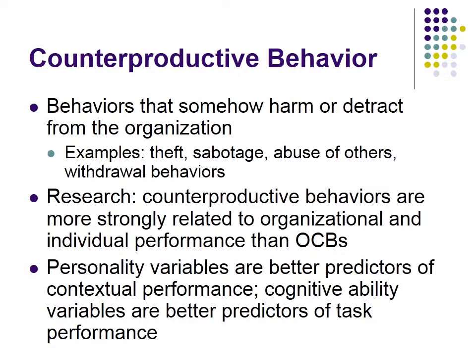The flip side of organizational citizenship behavior, the other type of contextual behavior we're worried about, is counterproductive behavior. Both organizational citizenship behaviors and counterproductive behaviors can be occurring at the same time someone is doing the tasks of their job fine. So someone could be completing the tasks that are involved in the job.